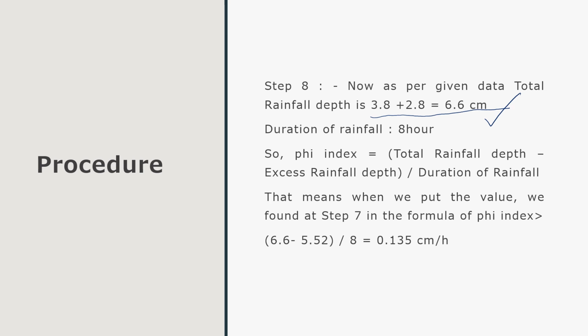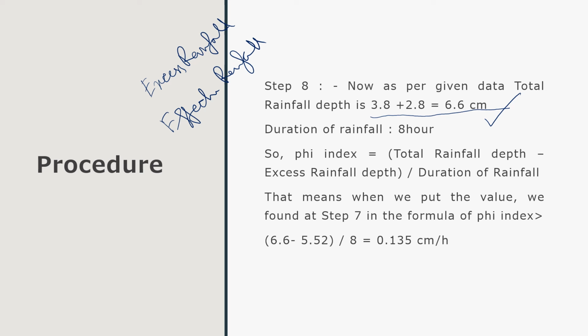Now don't confuse between excess rainfall depth and effective rainfall depth. They are basically same. Deduct initial loss and infiltration loss from total rainfall depth, you get the excess rainfall depth. But here I have to find that initial loss only as per the problem.